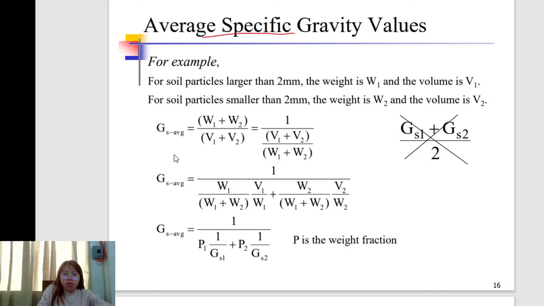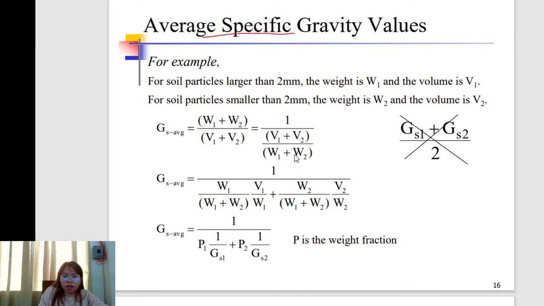So you have to add the two unit weights and the two volumes, or we can express this as 1 divided by G average equals V sub 1 plus V sub 2 over W sub 1 plus W sub 2.